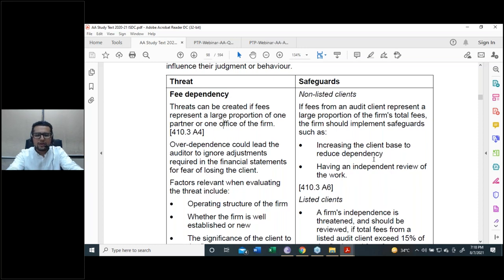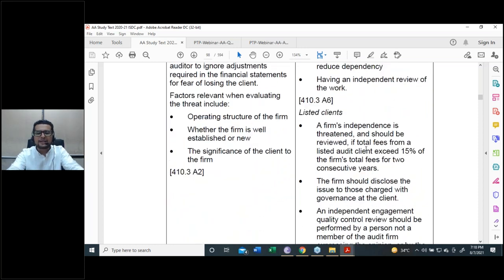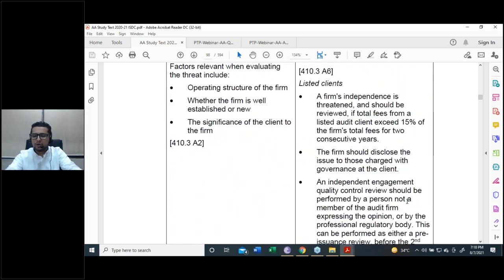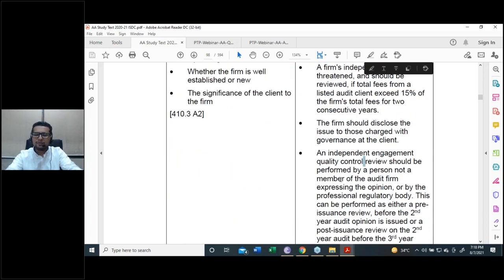First of all, if you are receiving a significant fee from a particular client, and that client is a listed company, and the fee you are getting from that client is 15% of your firm's total income or total revenue, and if that happens back to back for 2 years, this creates a self-interest threat with respect to fee dependency. How can you overcome that? You have to make sure that the fee is not that great. You have to make sure that you increase your overall revenue so that this percentage could fall.